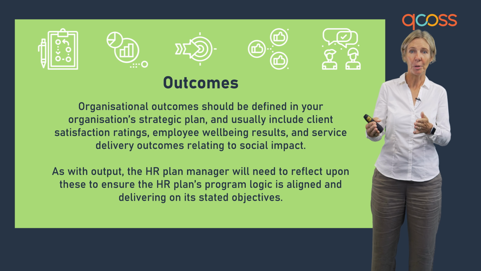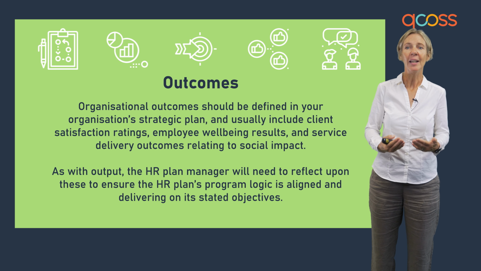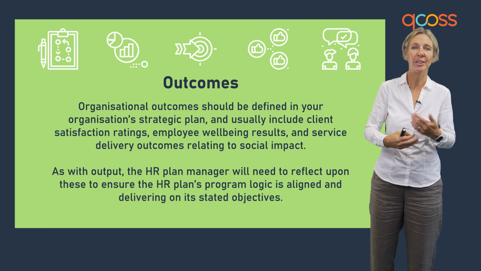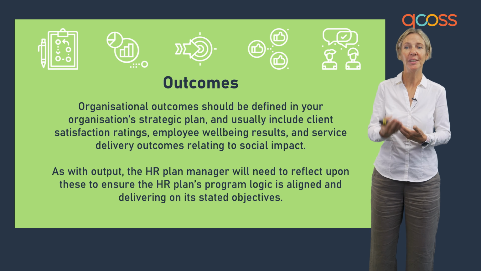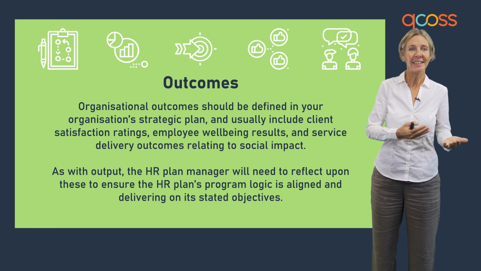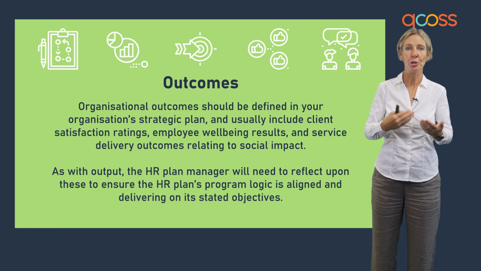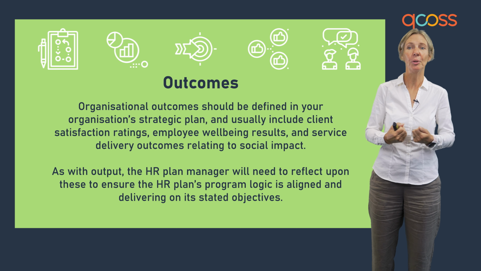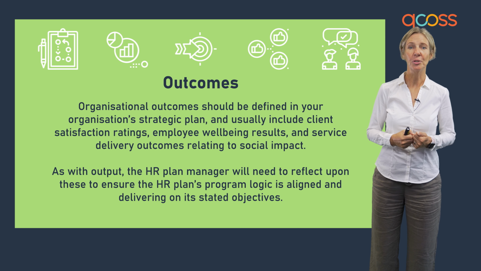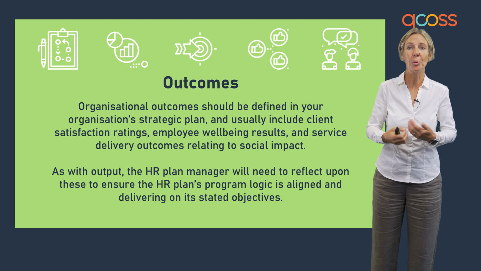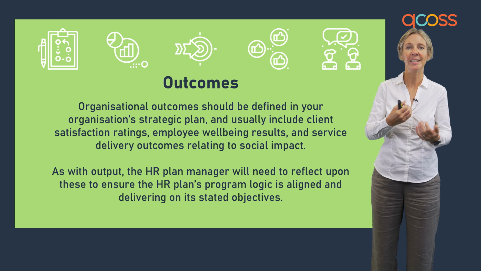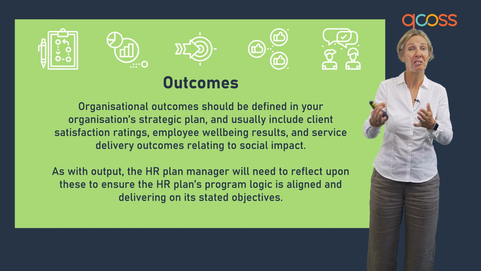We can tie the program logic to this goal by showing that our events increased staff participation by X% and increased staff engagement survey results pertaining to D&I by epsilon%. The key here is that the HR plan and logic should always result in outcomes for the organization, whatever they may be. As the HR manager, it is important to continuously review and tweak your program logic to make sure it stays aligned with the organization's direction, as it may change and shift focus.